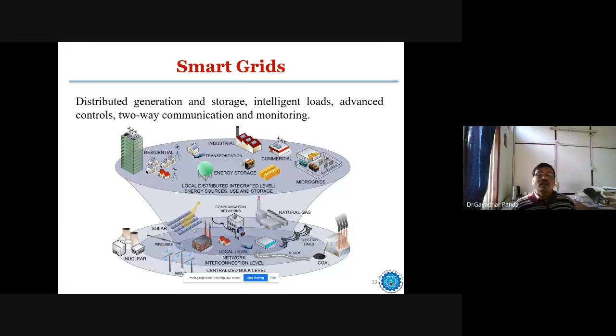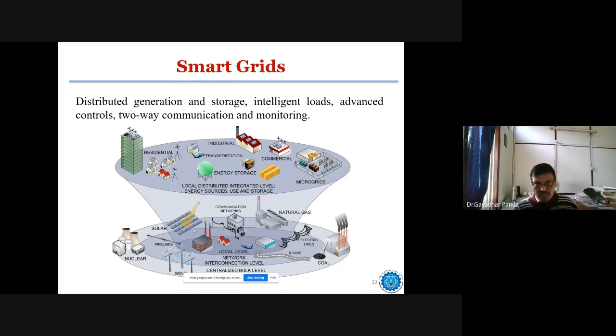And as I told you, what is the microgrid and smart grid? When you include information technology along with the microgrid, this will be treated as a smart grid. Or when you go for IoT-based control and information technology together, it is a very embedded system.